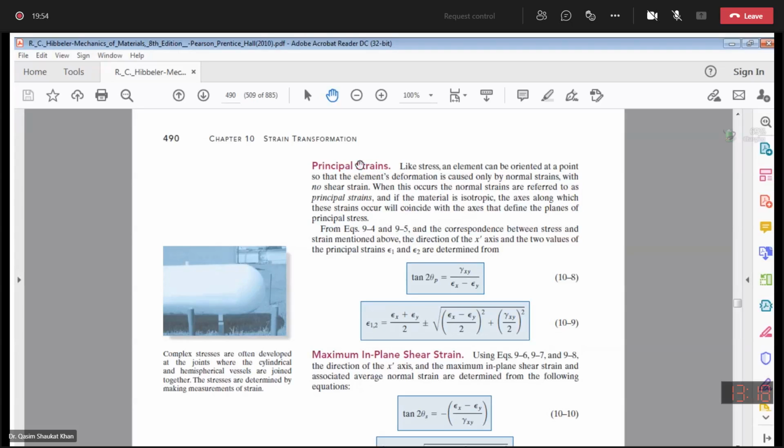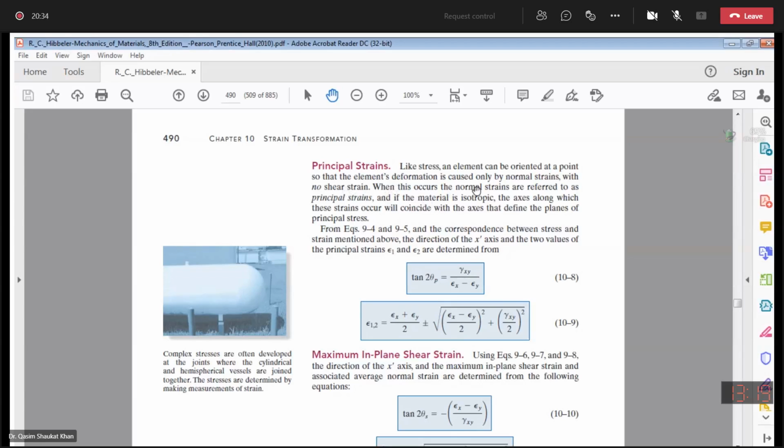Like stress, an element can be oriented at a point so that the element's deformation is caused only by normal strains with no shear strain. As we have said earlier, over the principal planes there will only be normal stresses, there will be no shear stresses. So normal stresses will produce normal strains, and as there is no shear stress, consequently there is no shear strain over the principal planes.